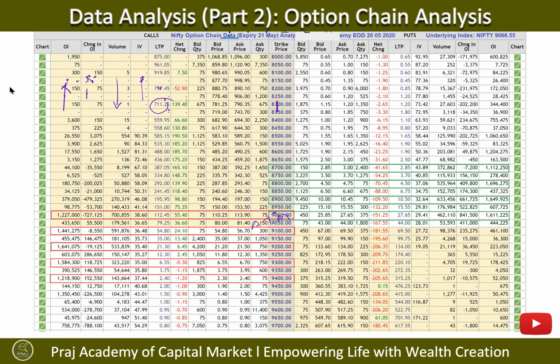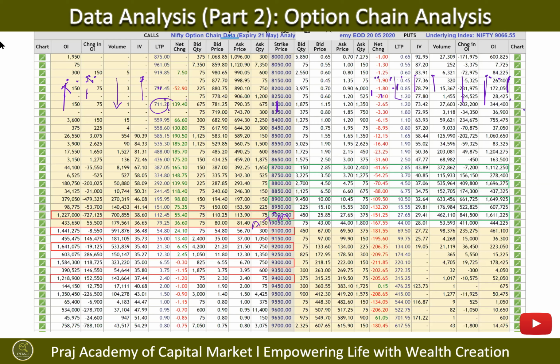On the other side, on the put side, again you can see this is your total open interest, change in open interest, volume, IV, last traded price, net change. Now this white portion is the OTM portion.